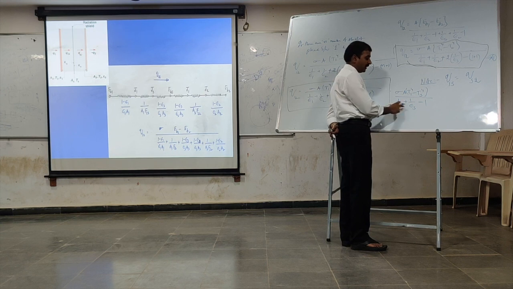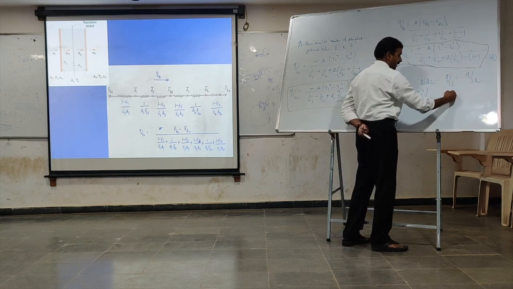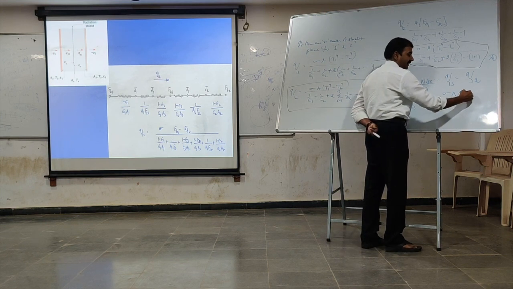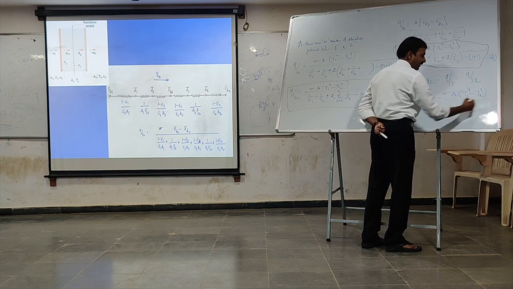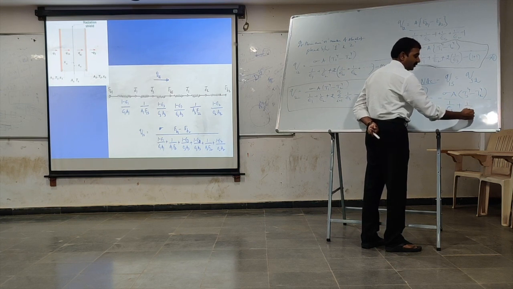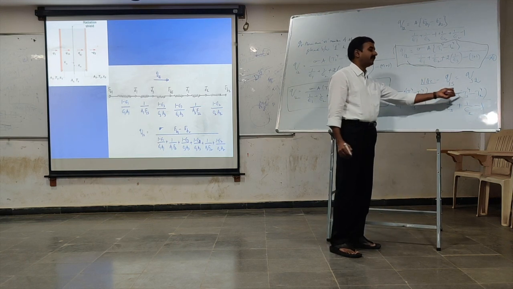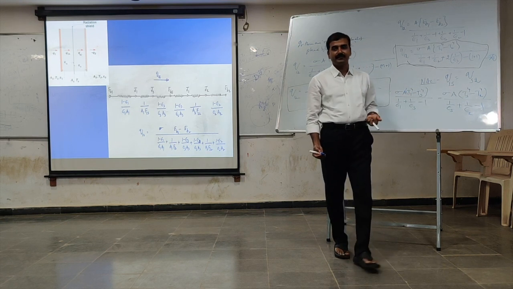Surface resistance of plate 1, surface resistance of the shield on the left side, and one space resistance between them, is equal to this one: sigma A (Ts to the power of 4 minus T2 to the power of 4) divided by 1 by epsilon s plus 1 by epsilon 2 minus 1. So using this equation you can find the temperature of the shield if you know the temperatures of the plates, right? Please note down.